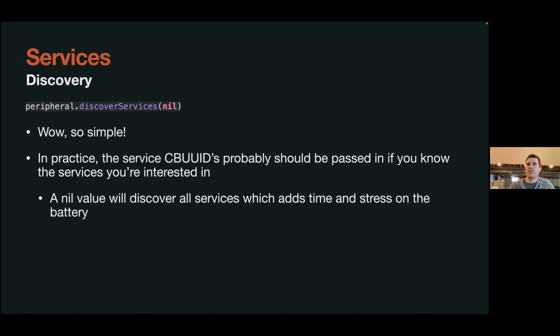And this is similar to what I said earlier about scanning. I passed nil in my demo, but typically, if you know what services you're interested in discovering, you'll want to pass those IDs in. So that nil could be an optional array of UUIDs. You'll want to pass those in so that it saves battery life and time.